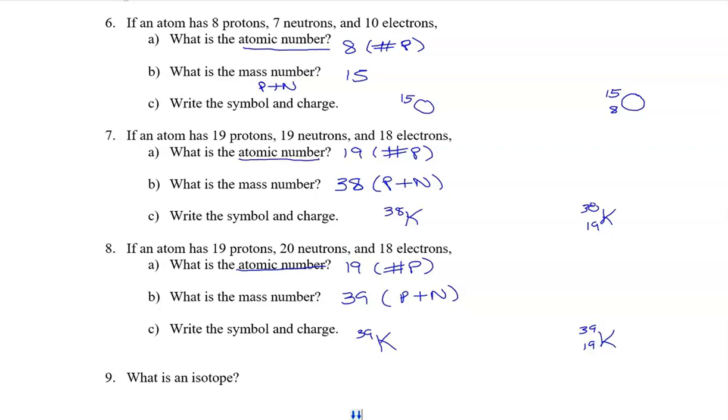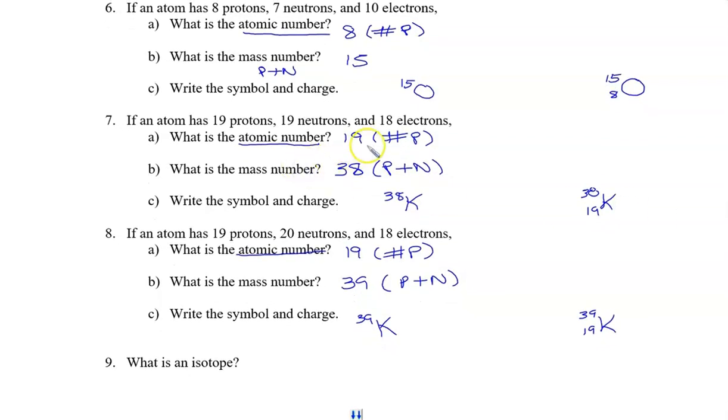So if you'll notice something, these are completely different elements. Everything's different about them. These two are actually the same element. These are both potassium. Okay, so this is potassium and this is potassium. So what's making them different?